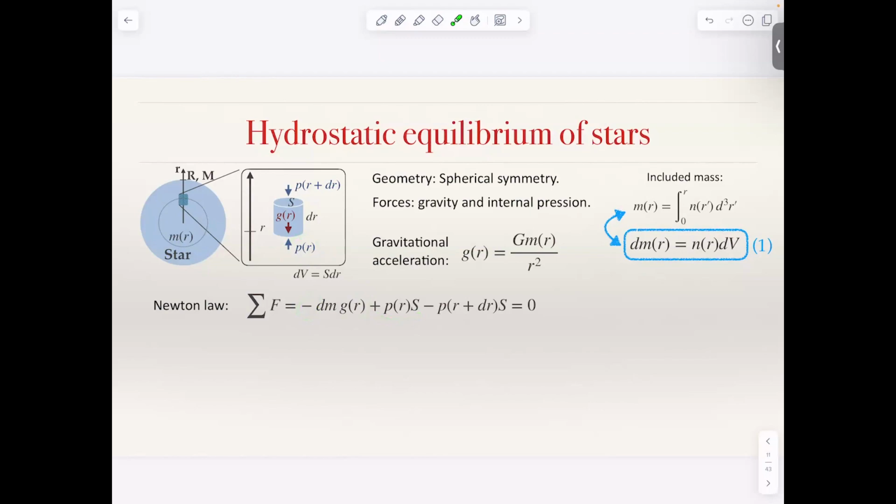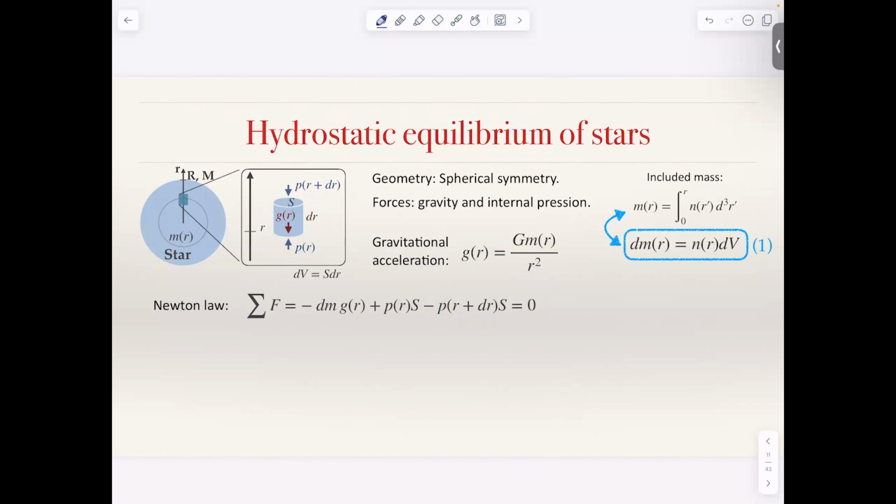This is something that we have used already before. And then you have the force from the top, which is there. It is towards the bottom, so there is a minus sign, and it reflects the value of the pressure, not at r, but at r plus dr.